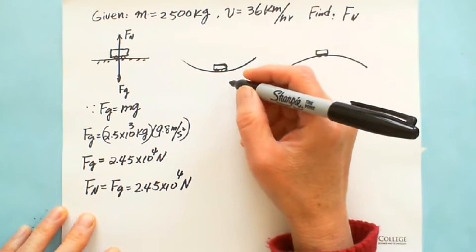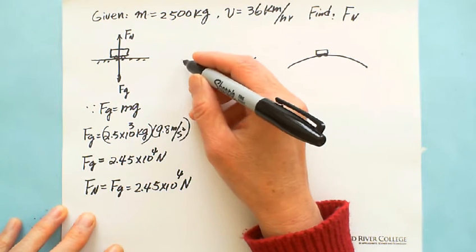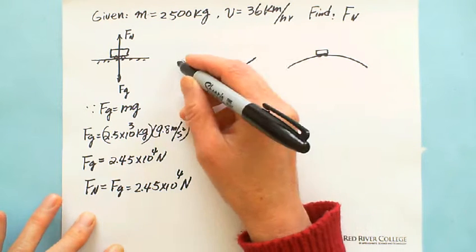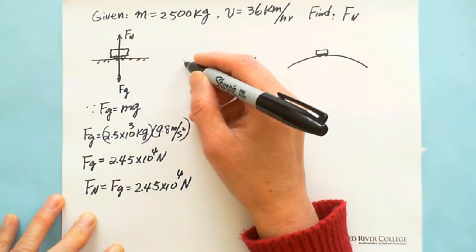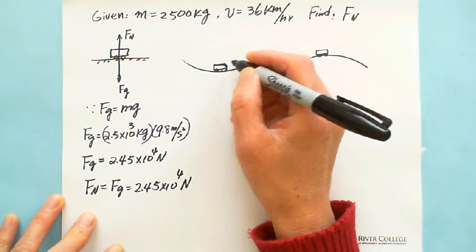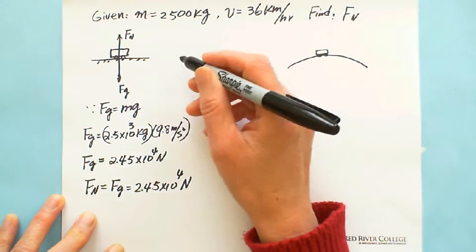In the second situation, the car is driving on a circular shape, which looks like concave up.